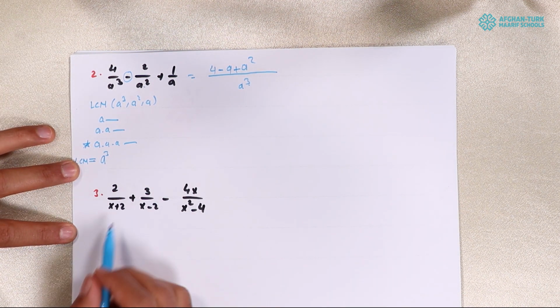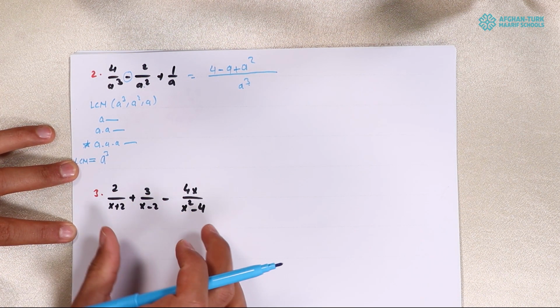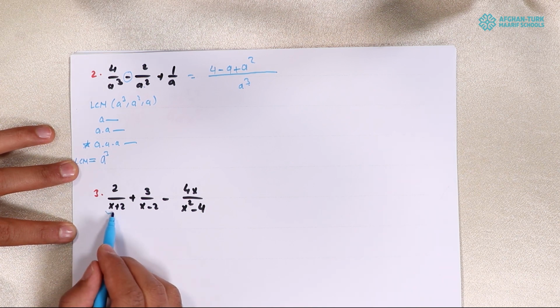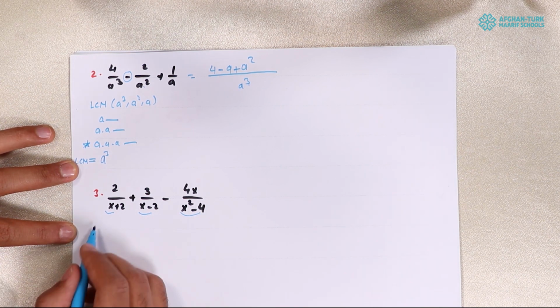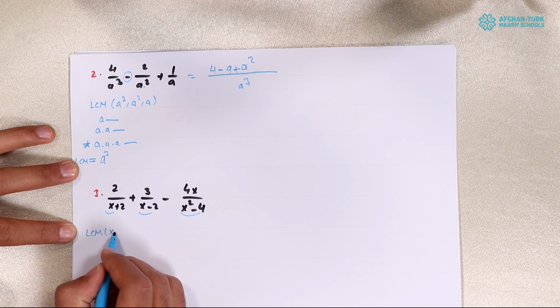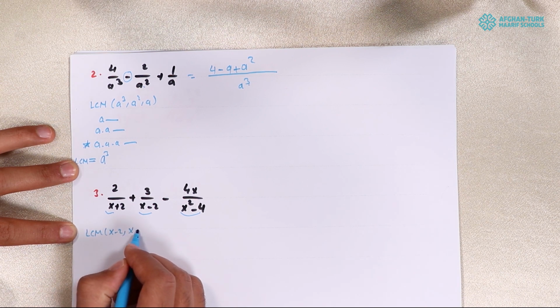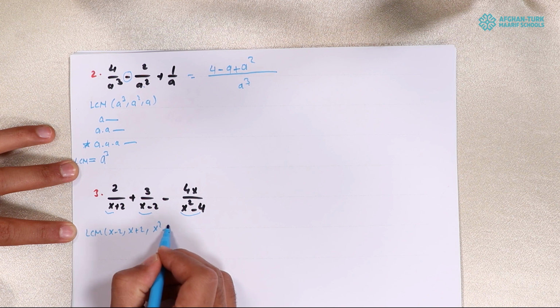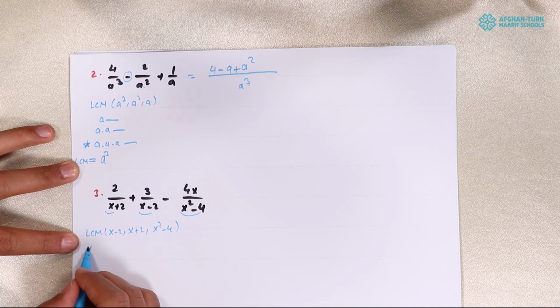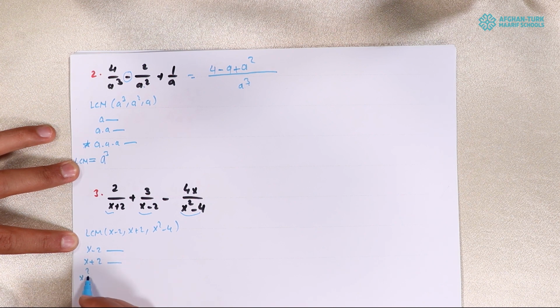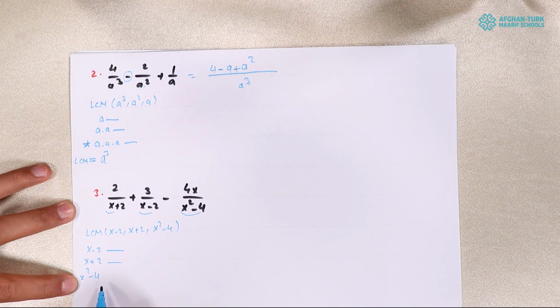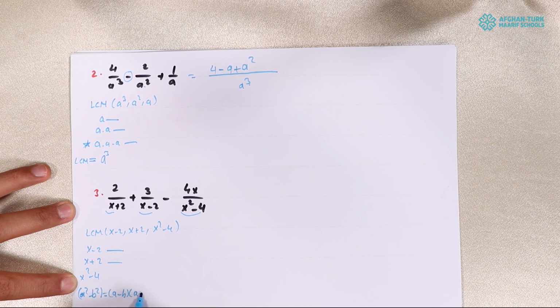Okay, boys. The third question. Also, we have 3 fractions with different denominators. First of all, we have to find the LCM of x minus 2, x plus 2, and x squared minus 4. As we studied in the previous lessons, the identity a to the power of 2 minus b to the power of 2 was equal to a minus b, a plus b.